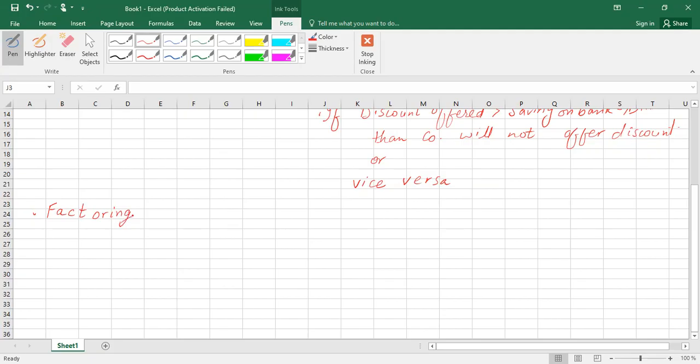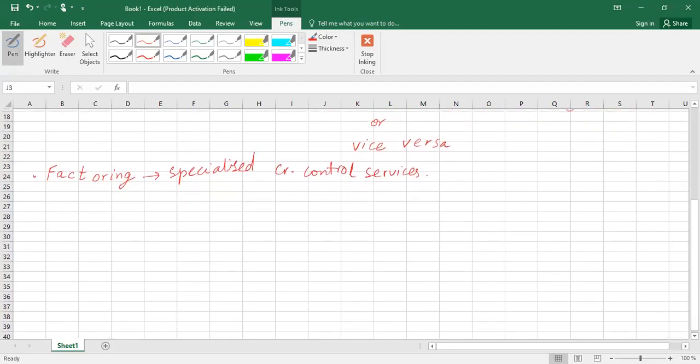Factoring basically is an arrangement where there is an organization who offers two types of services. One, it is offering specialized credit control services.